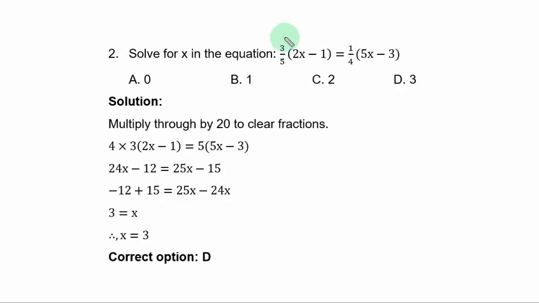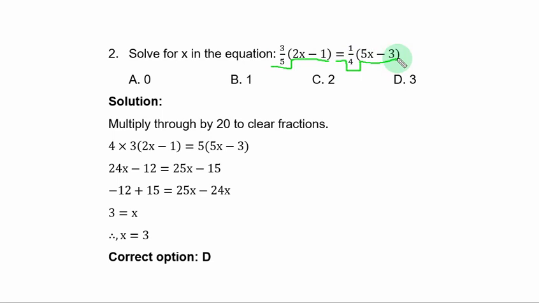Question 2. Solve for S in the equation 3/5 times bracket open 2s minus 1 bracket close equal to 1/4 times bracket open 5s minus 3 bracket close.